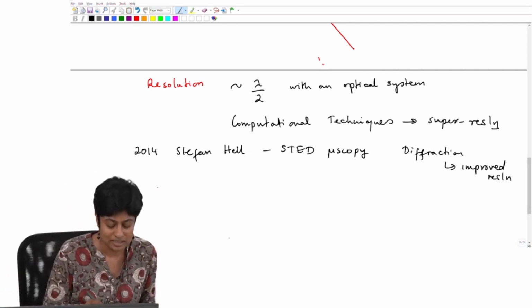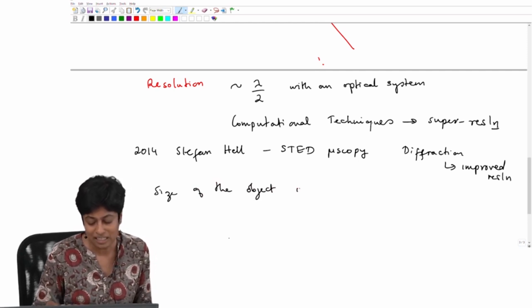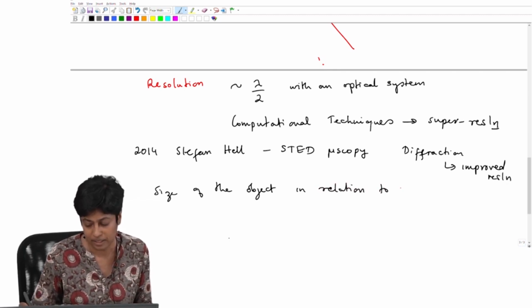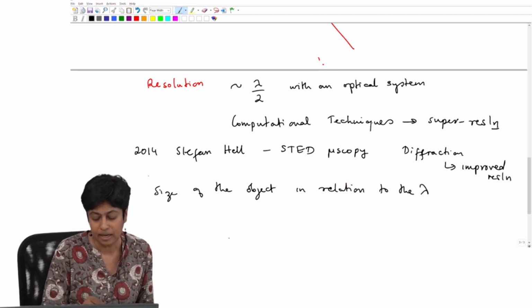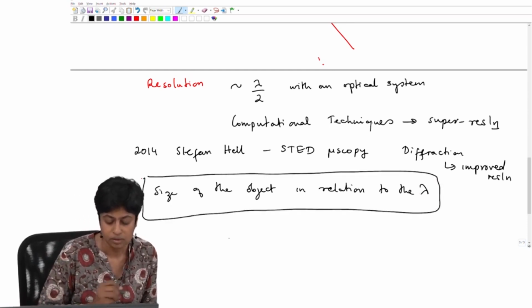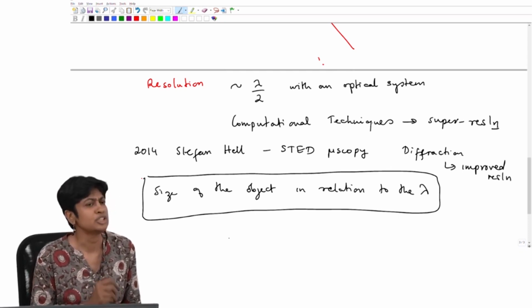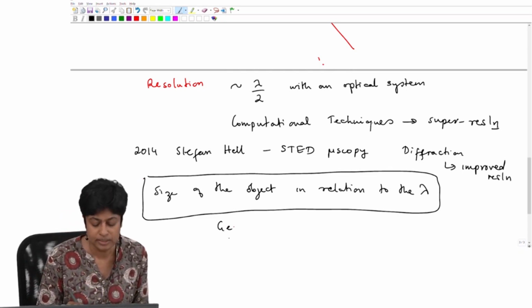So the size of the object in relation to the wavelength is what will determine your resolution.